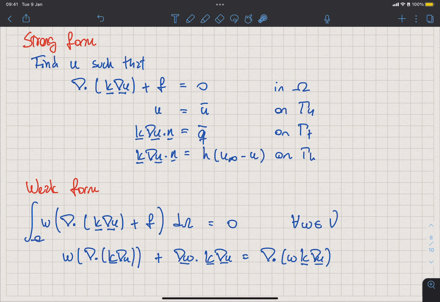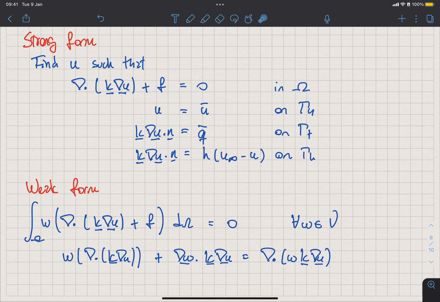The three boundary conditions that we are using are prescribed temperature equal to u bar on gamma_u, then prescribed heat flux, and finally the prescribed heat flux has to be equal to this film coefficient multiplied by these two quantities, where u is the value of the temperature that you don't know, and u infinity is the value of the ambient temperature. Okay, so this is a strong form. And as we did over and over again, this should be something that you already know.